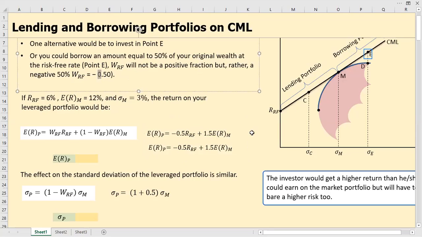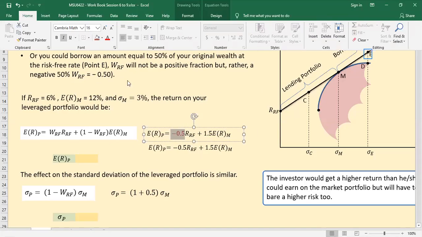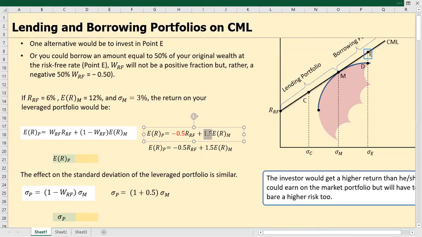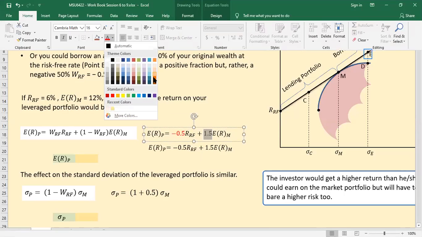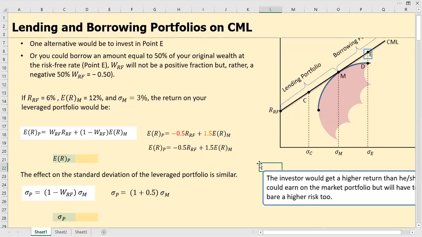So therefore, the weight of the risk-free rate is equal to minus 50, right? And the weight of the market portfolio is equal to 1.5, because we are going to invest whatever amount we have borrowed and whatever amount we have with us right now.